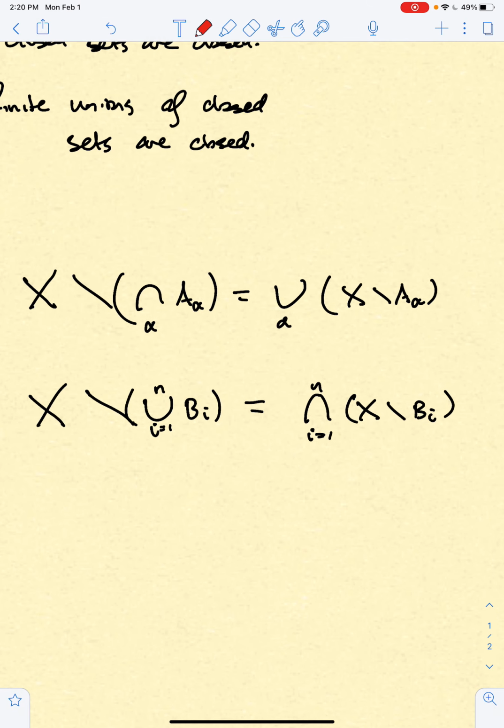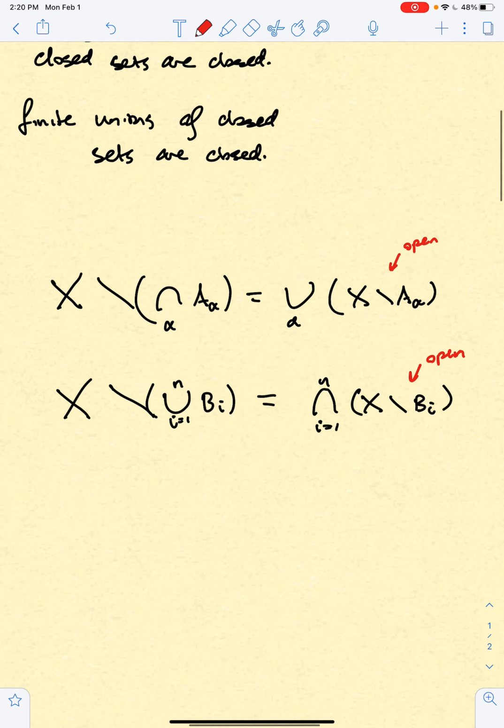So if my sets A sub alpha and B sub i are closed sets, then these would be open, and these would be open. And we use the corresponding properties for open sets. These are both De Morgan's laws. I don't know if it's a capital D or a lowercase d.